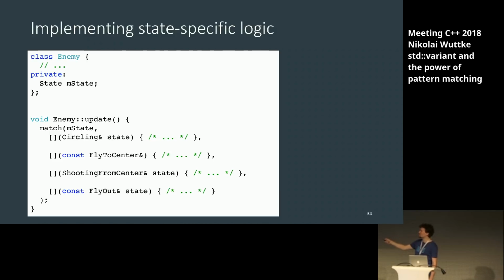And then we can write code that's like this, where we say, okay, match on our current state. And if we are circling, then we do whatever we need to do. If we are flying into the center, we check if we have already reached the center. If that's the case, we go into this state, and so on and so forth. And since you have all the variables that are relevant for a certain state as part of the type representing the state, you make it impossible to represent these invalid states, basically.